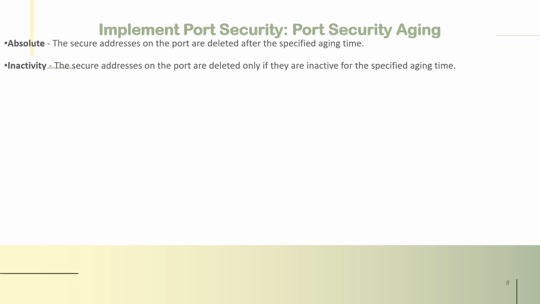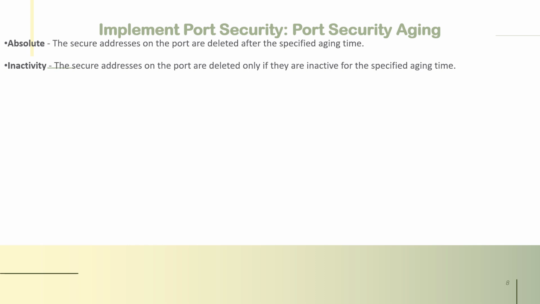Use aging to remove secure MAC addresses on a secure port without manually deleting the existing secure MAC addresses. Aging time limits can also be increased to ensure past secure MAC addresses remain, even while new MAC addresses are added.